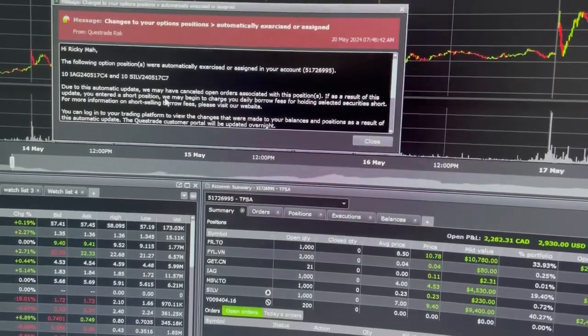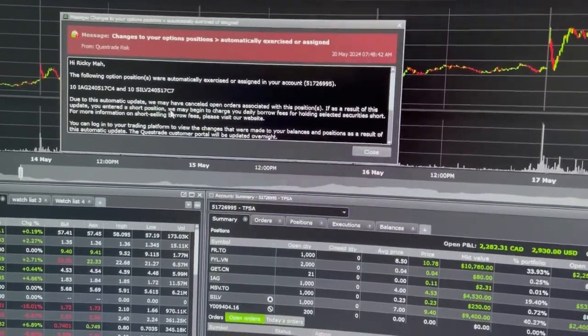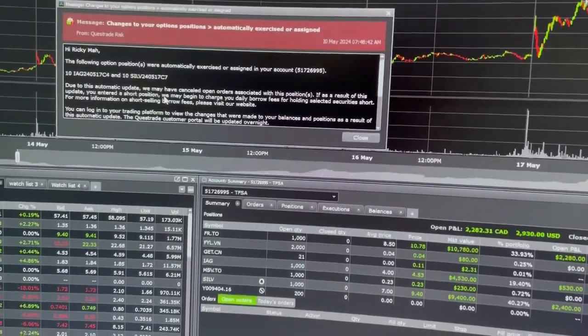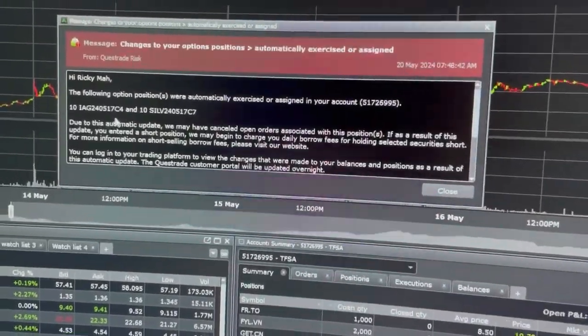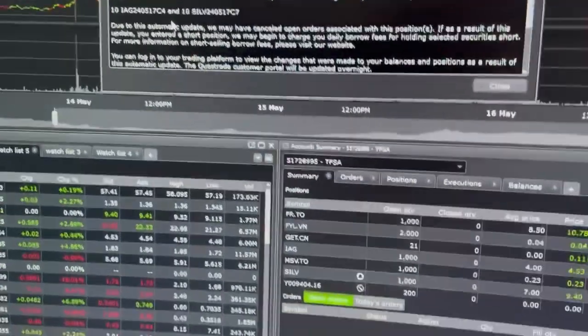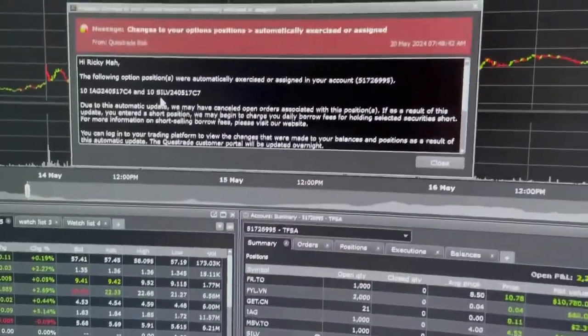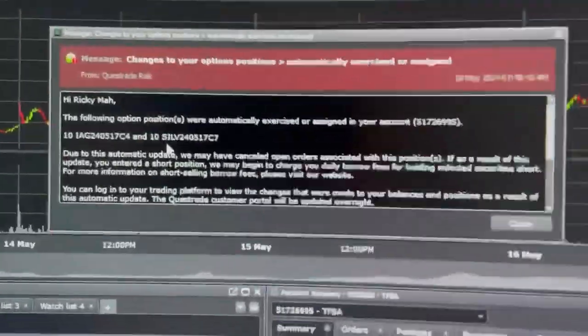On Friday, I had two options that were expiring. It was IAG and SLV. So those two options got exercised.